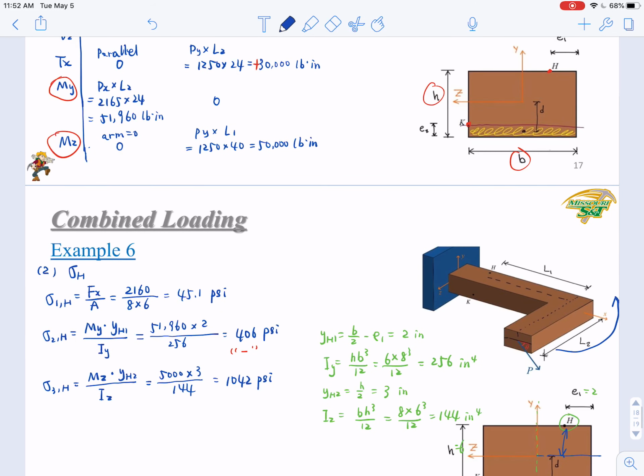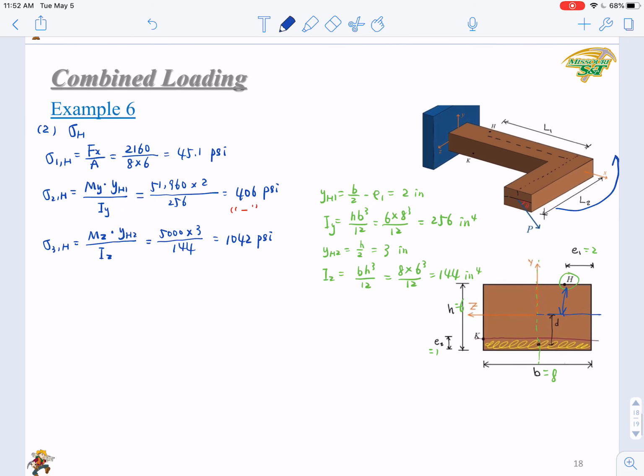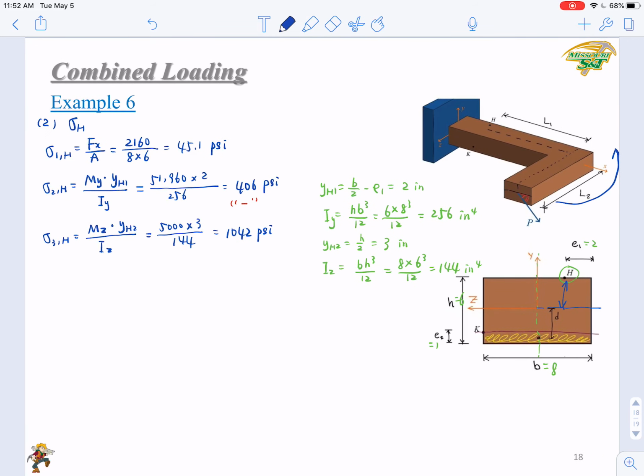So Mz is Py, downward Py times L1. And it will be bending it in this way, so the H will be on the top of this cross section. So it will be in tension. So this will be positive.